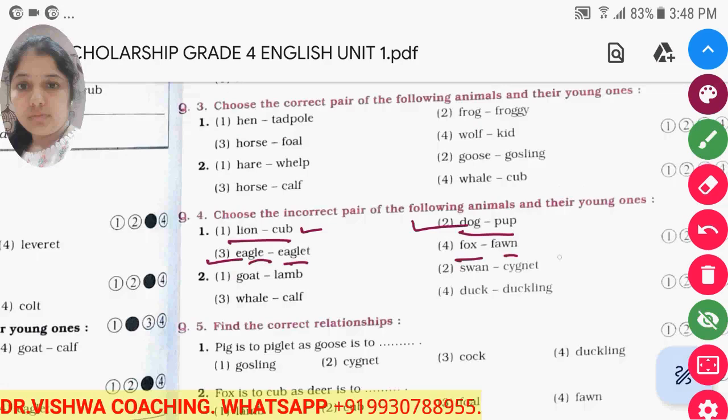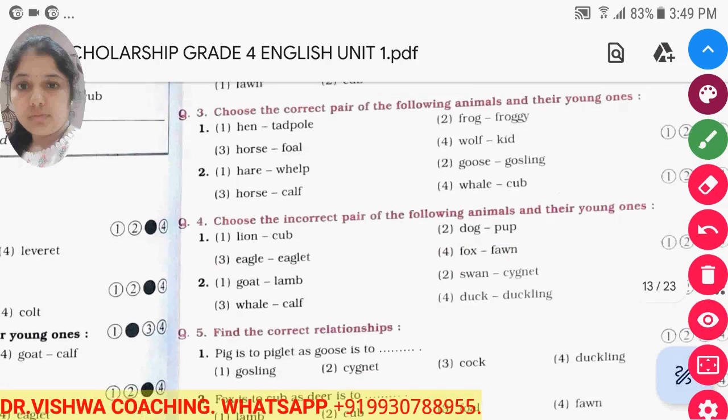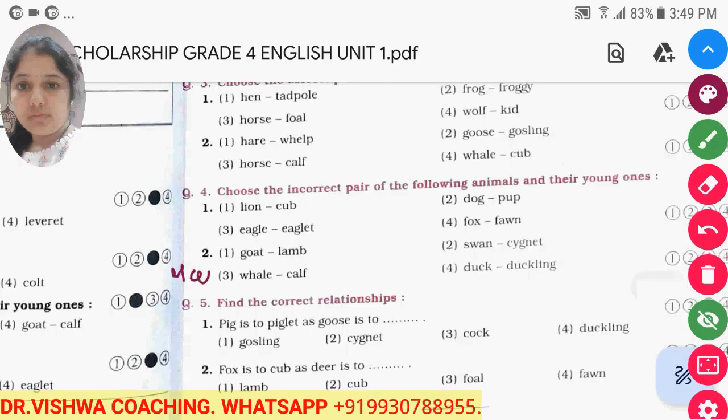Fox, but a fox's young one is called cub, so this is the wrong one. So option number 4 is the correct option, but it is the wrong pair. Like this you can solve the second question, which is for your homework. You have to choose the incorrect pair of the animal and their young one.